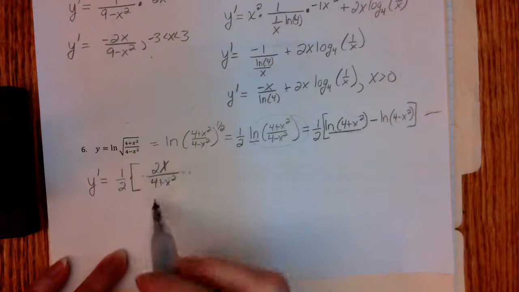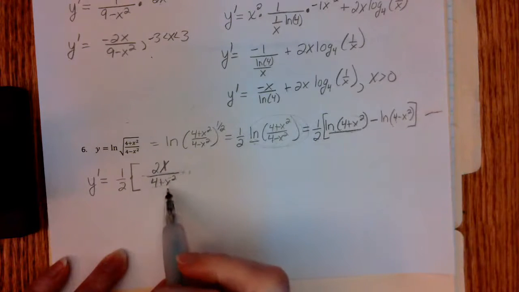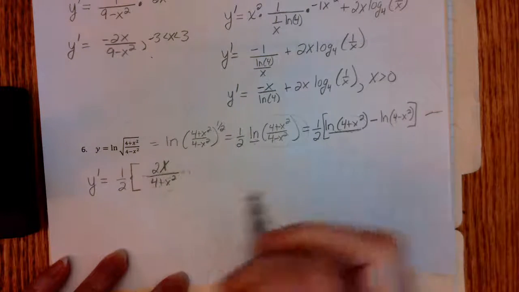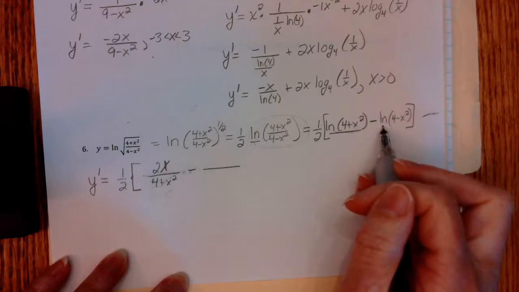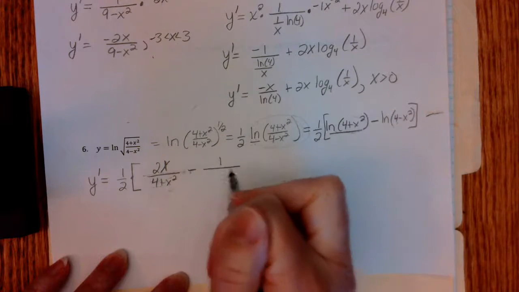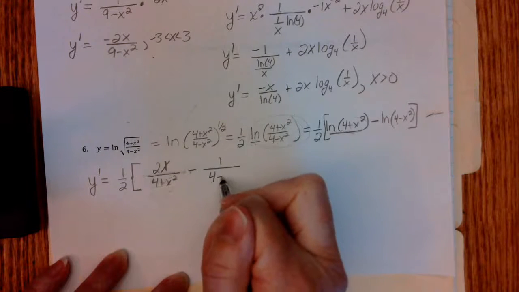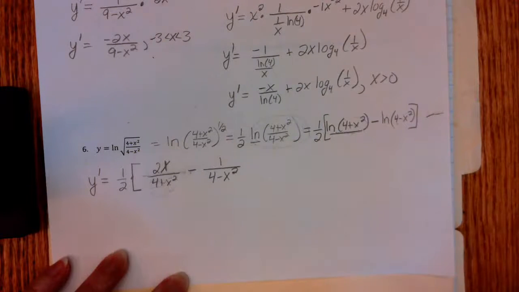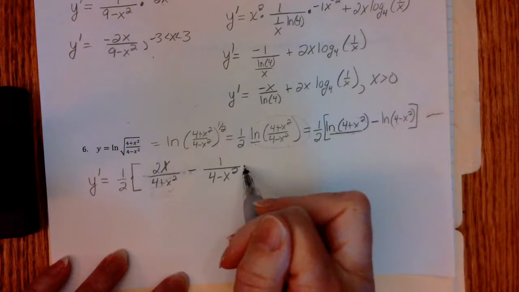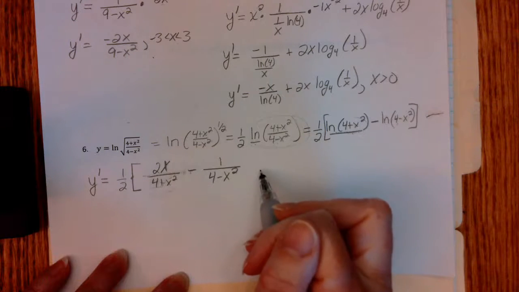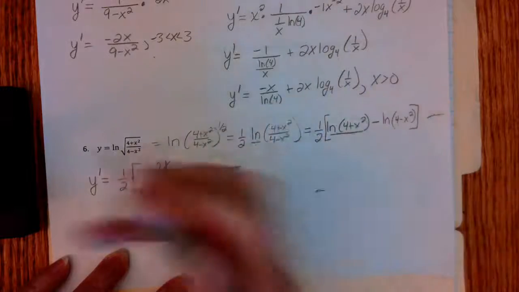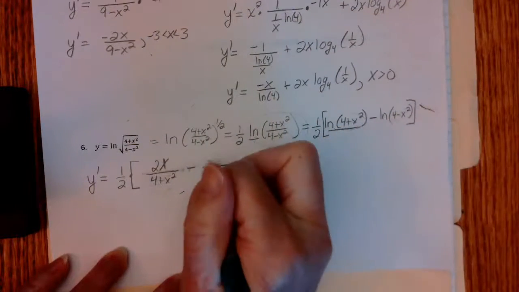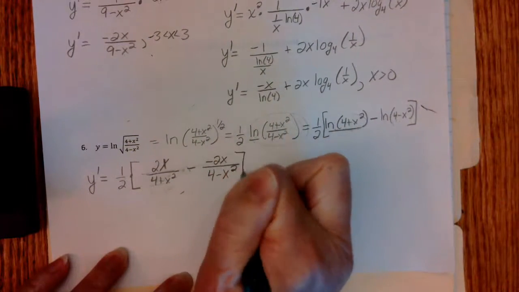So it's 1 over what we have times the derivative of the inside, minus, again, it's a logarithm, so I have 1 over what I have times the derivative of the inside, which is a negative 2x.